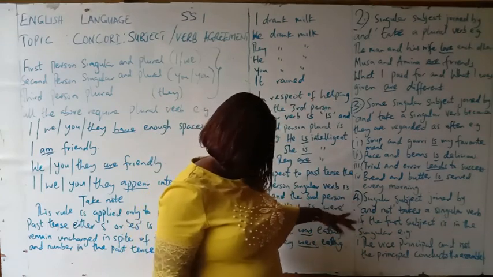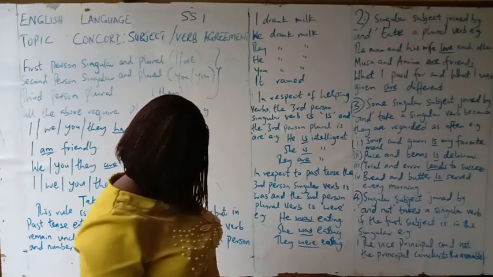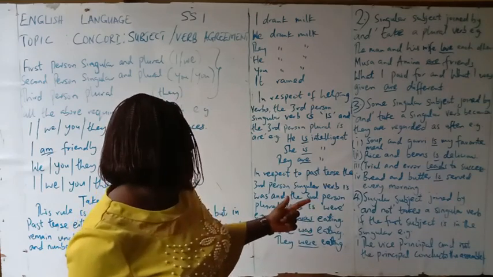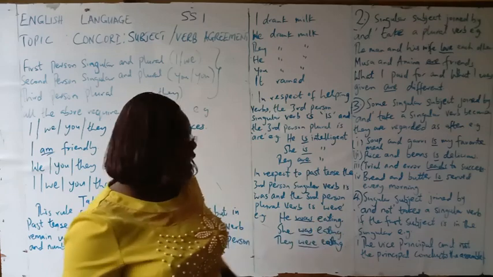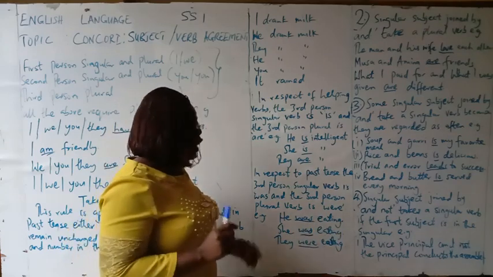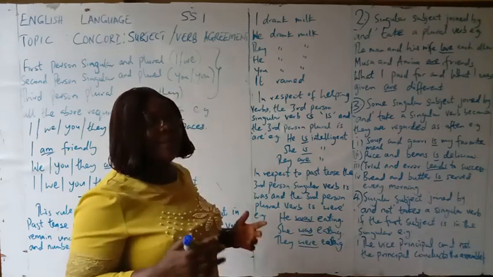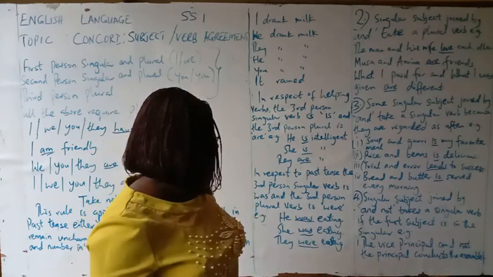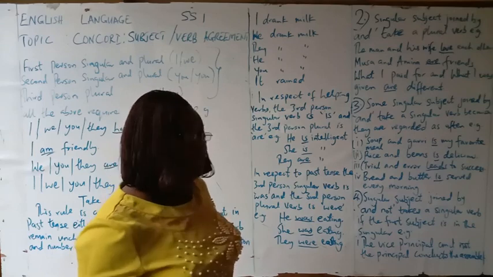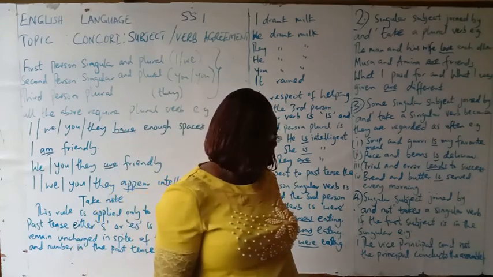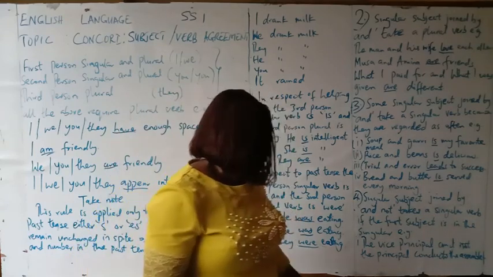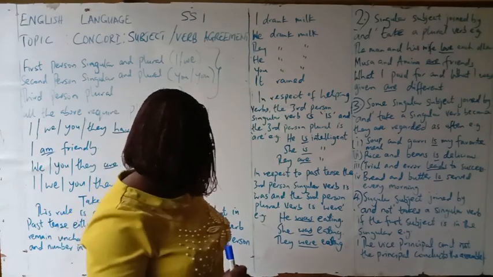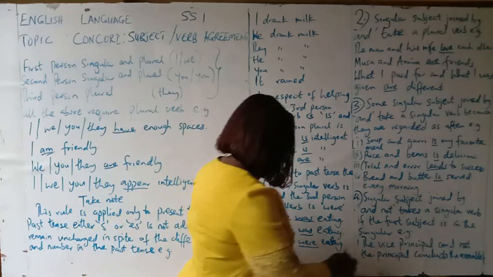Let's see rule number 4. Singular subjects joined by "and not" take a singular verb if the first is in the singular. For example, the vice principal and not the principal conducts the assembly.